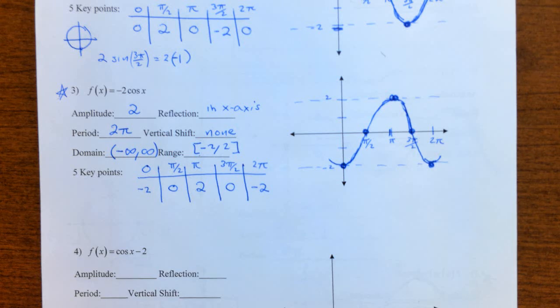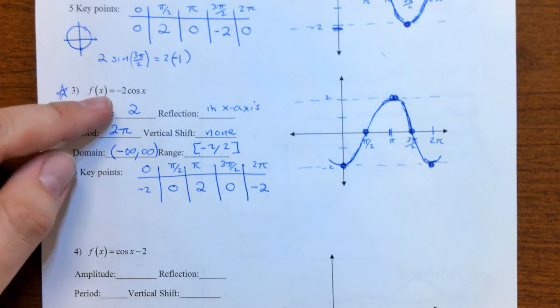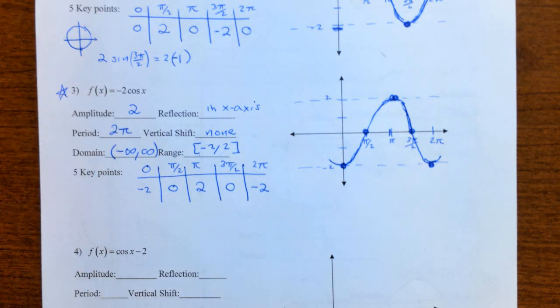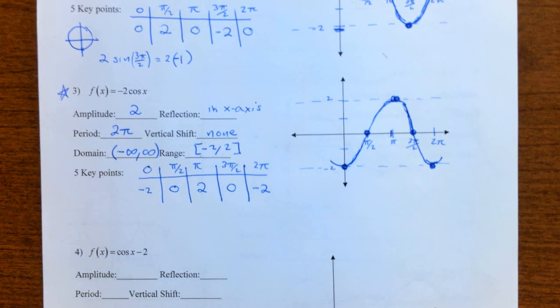What we want to look at now is what happens if I start putting multiple transformations together in the same function. What if I need to vertically stretch and not just vertically stretch and reflect, but also if I have, say, a vertical stretch and a vertical shift.